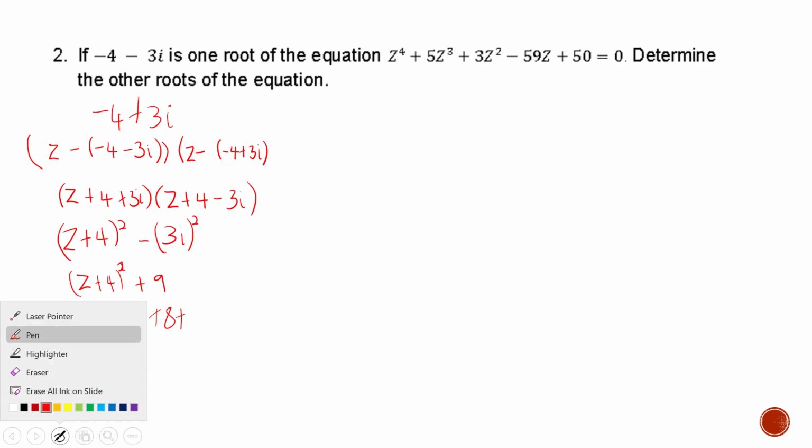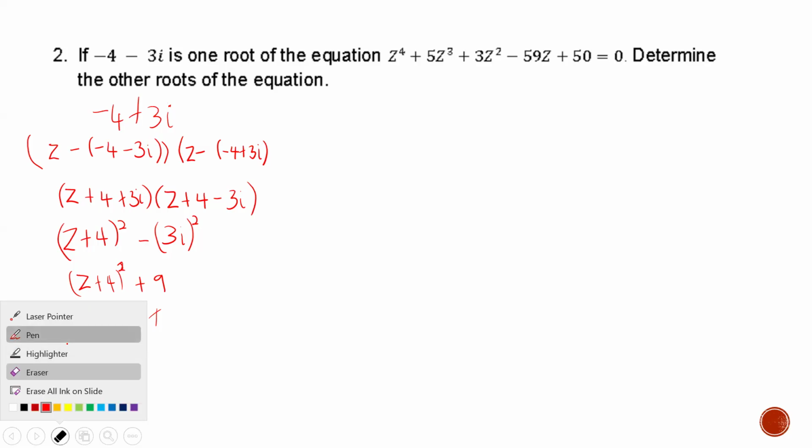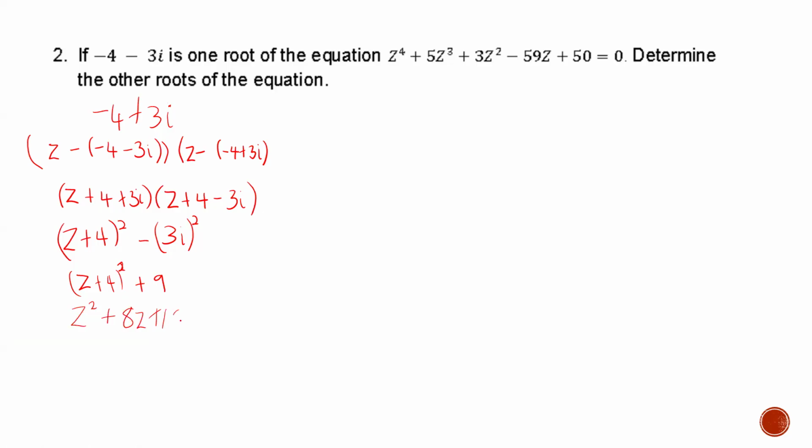This is not 8, this is supposed to be 16. Plus 16 plus 9. Then we get z squared plus 8z plus 25, correct?